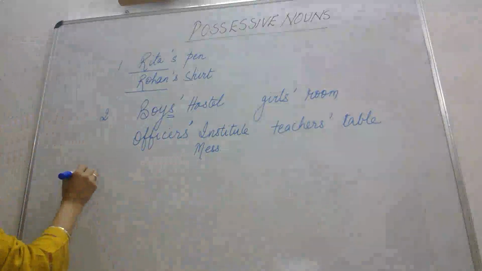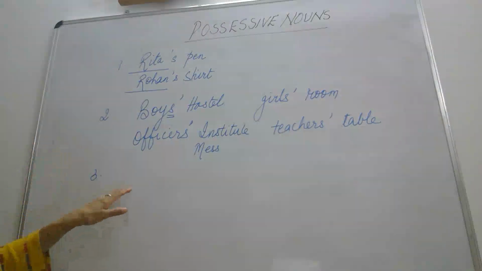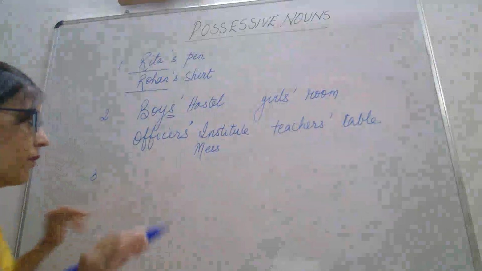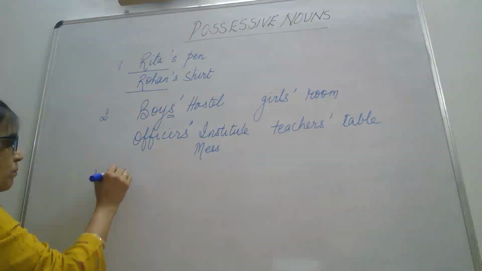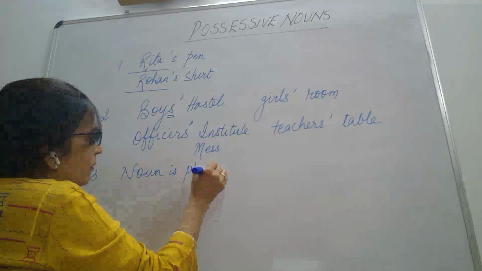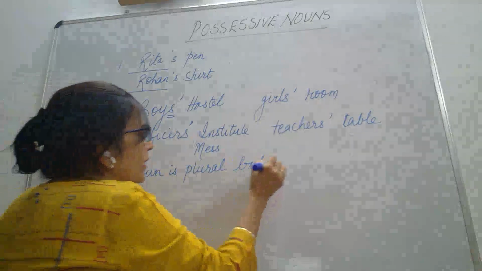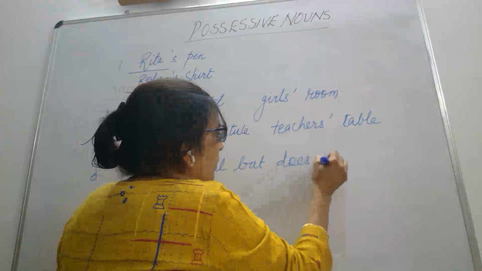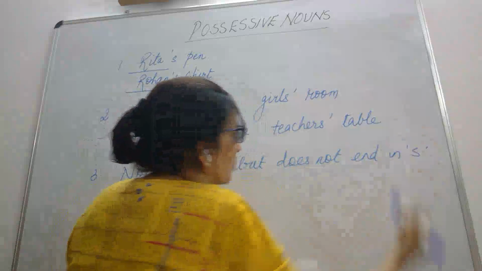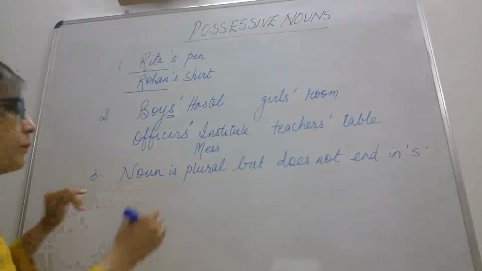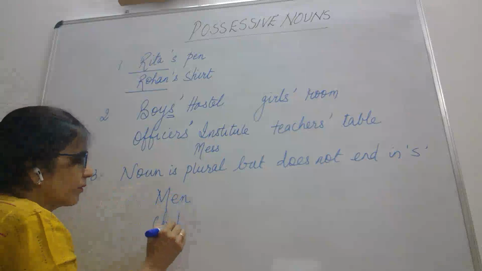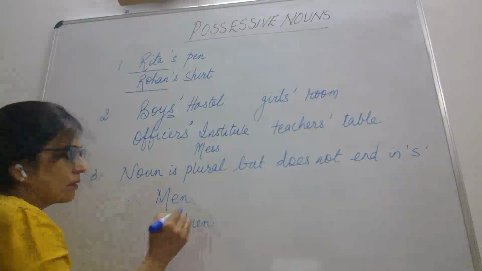Now, the third case, where the noun is plural and does not end in S. For example, the noun is plural but does not end in S to denote plural form. So for example, men, children, right?